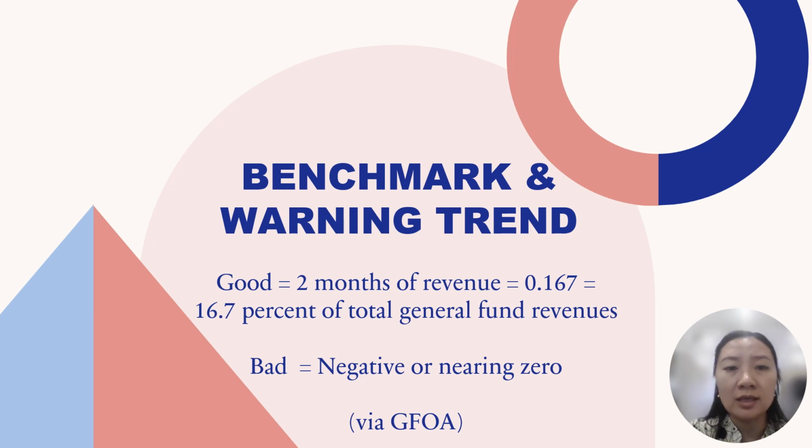This is based on 2 months of revenue, because if you divide 2 months by 12 months, you get 0.167. So 16.7% of your total general fund revenue should be unassigned. A warning trend would be any negative amount, because it means the government is assigning more money than it has.